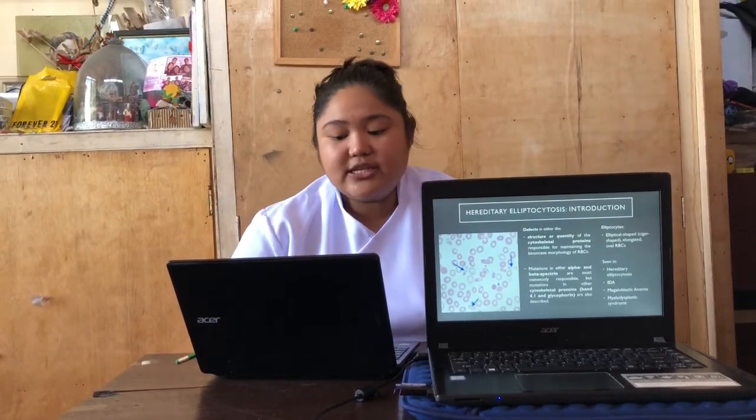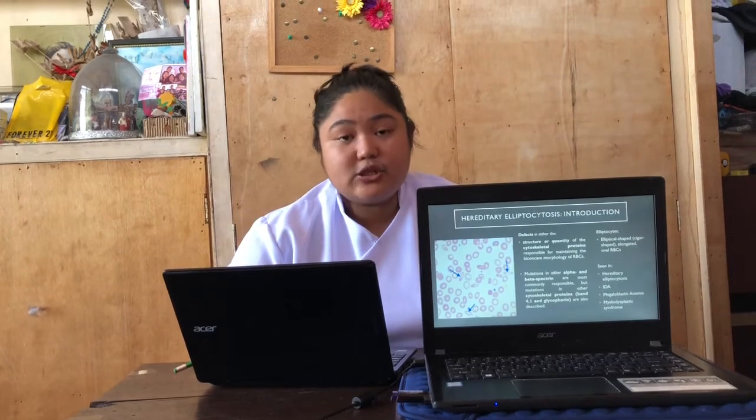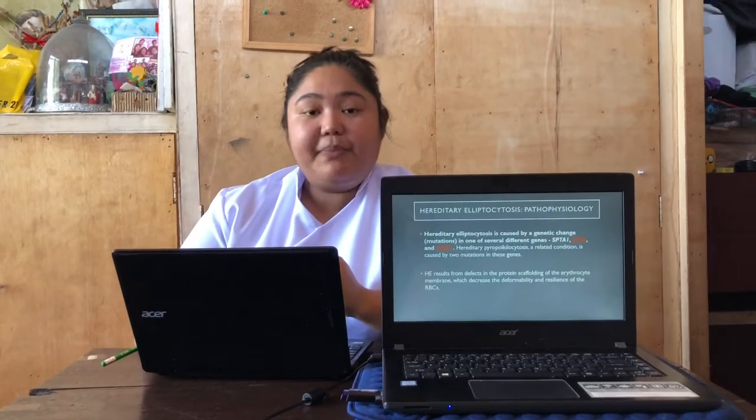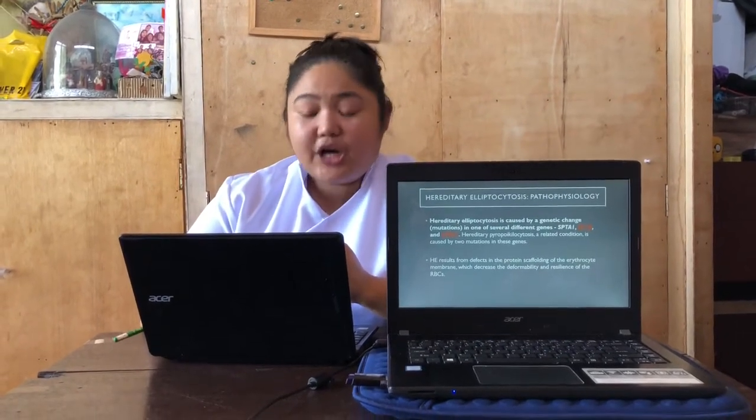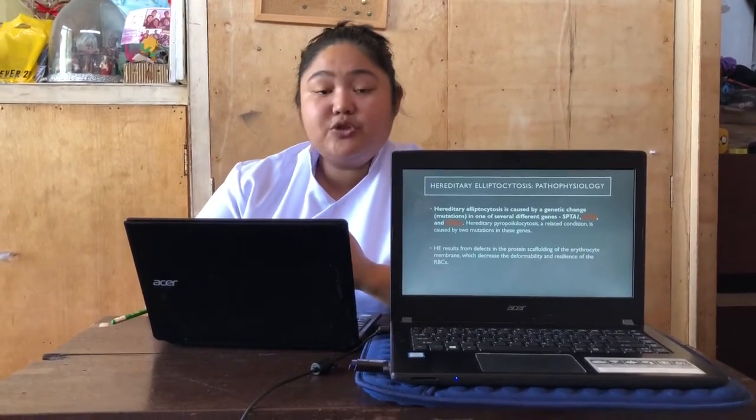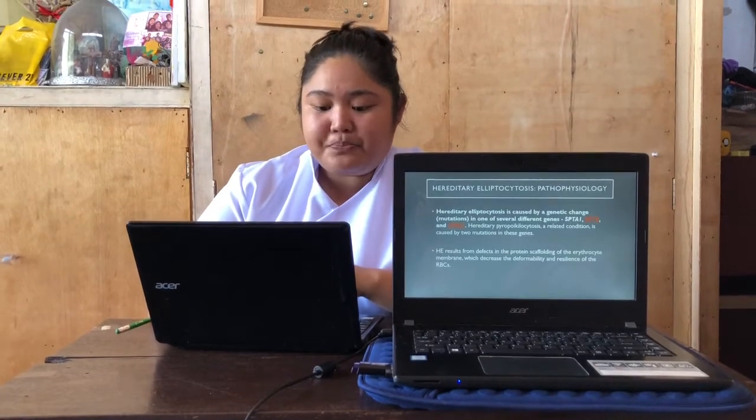Neonatal poikilocytosis occurs almost exclusively in African American families. Spherocytic elliptocytosis most commonly affects individuals of European descent. Hereditary pyropoikilocytosis, a related condition, is caused by 2 mutations in these genes.